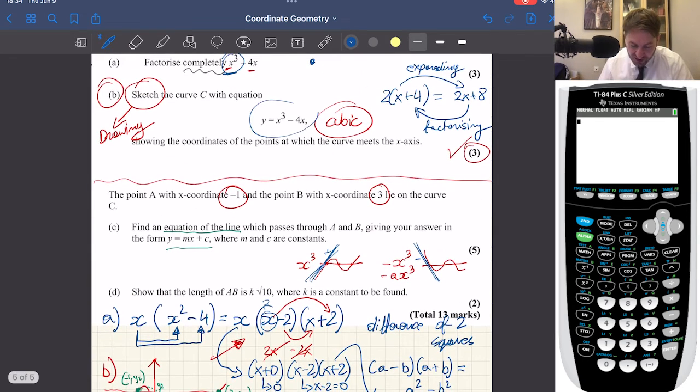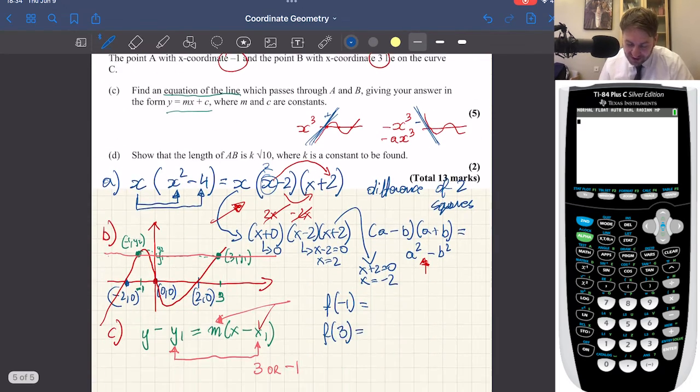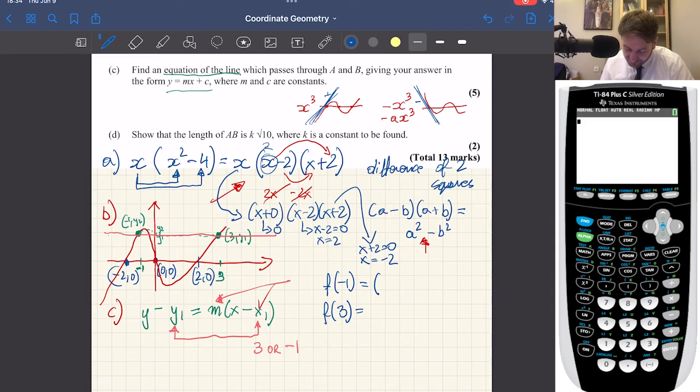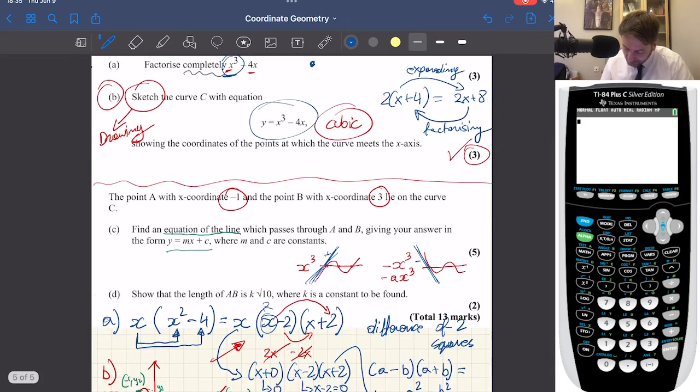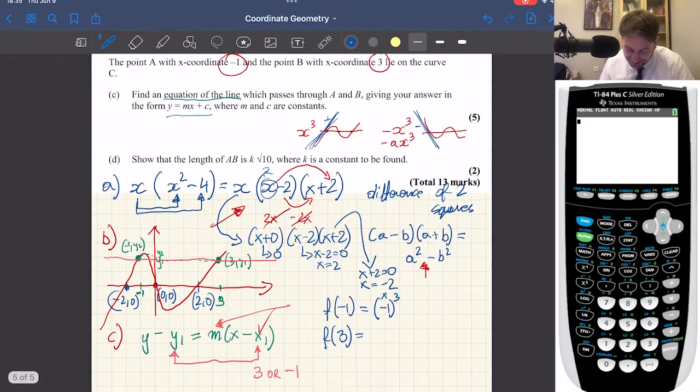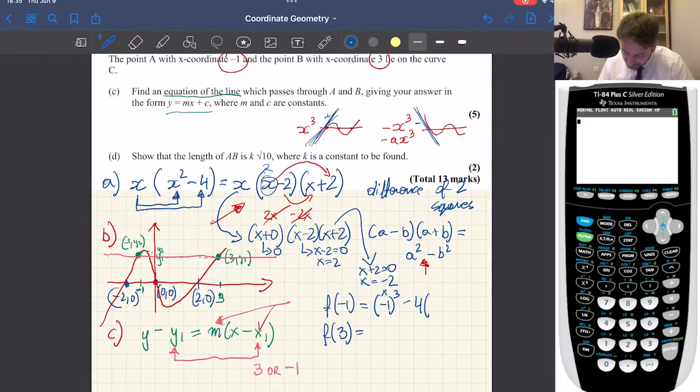So into the very first equation, y equals x to the power of 3 minus 4x. Here it's -1 cubed minus 4 times -1, and here it's 3 cubed minus 4 times 3.